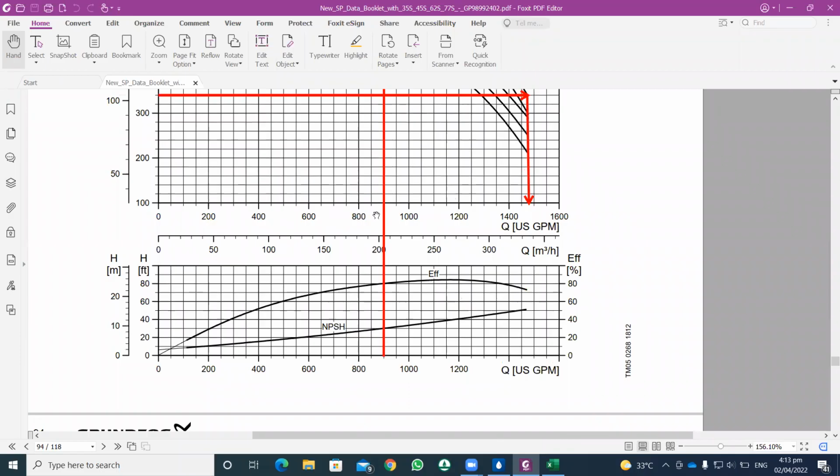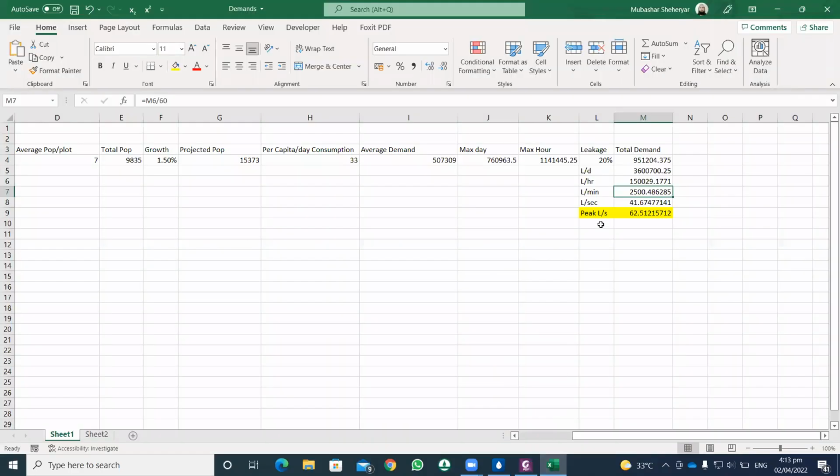So I have to find how much the capacity of a pump should be, that it should pump to the network in order to fulfill the demand. So I have to calculate that. If I convert these values and add some factor of safety, I also have to consider a factor of 1.5, because in the diurnal patterns this value is calculated on the basis of the maximum day value.